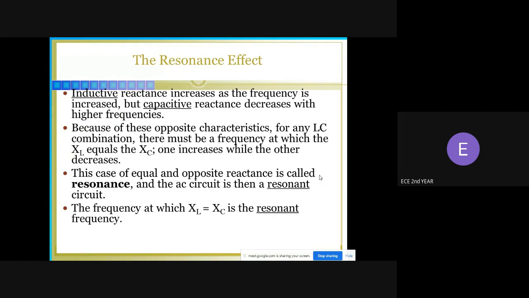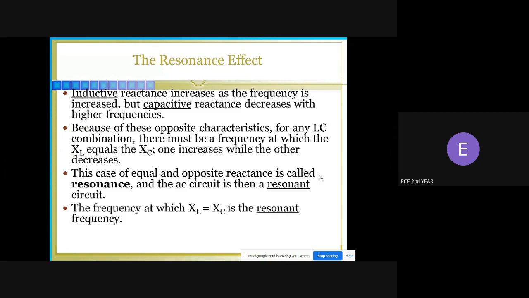Once one increases while the other decreases, vice versa, this case of equal and opposite reactance is called resonance, and the AC circuit is then a resonant circuit.